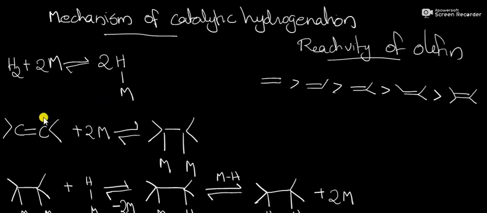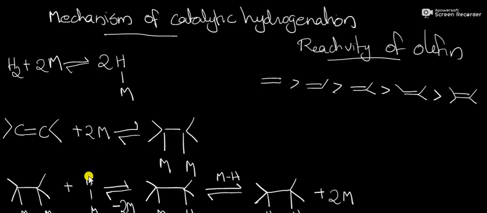The substrate is also chemisorbed on the surface of the catalyst. For instance, here the olefin is chemisorbed on the surface of the metal catalyst.